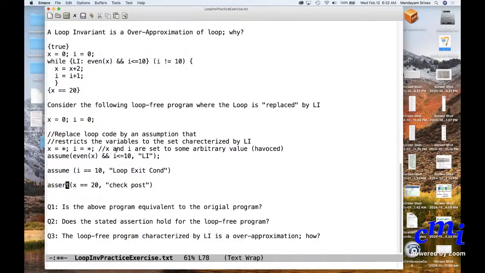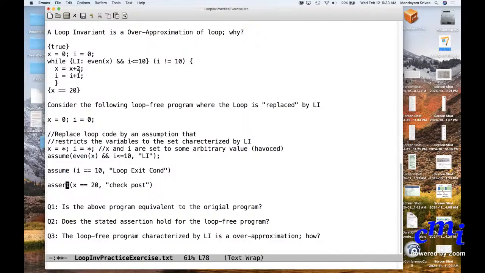This loop invariant certainly includes all the values that x and i can take across all iterations, but it also adds something more that is not feasible by the program. For example, even x permits x to be anything, as long as it is even.